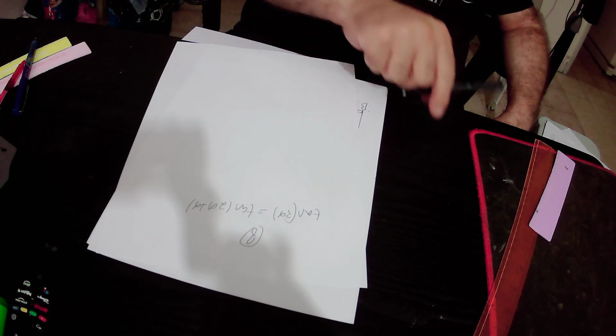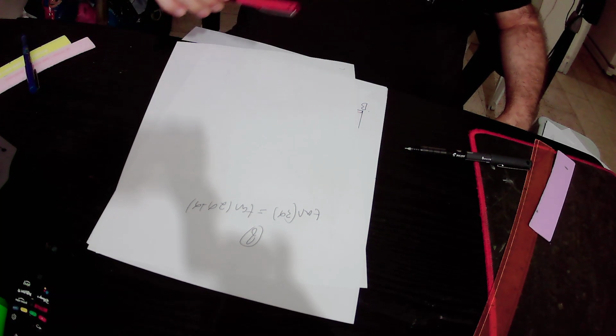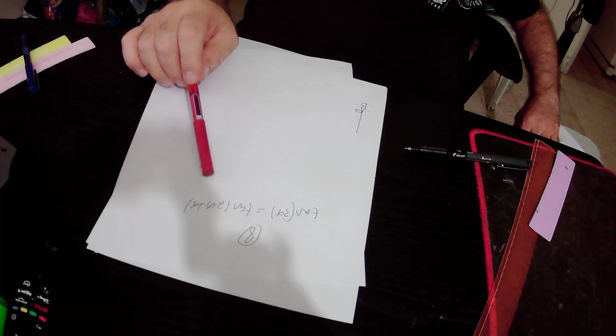And we have a trigonometric identity that will help us to find out the value of tangent of 2 alpha plus alpha.